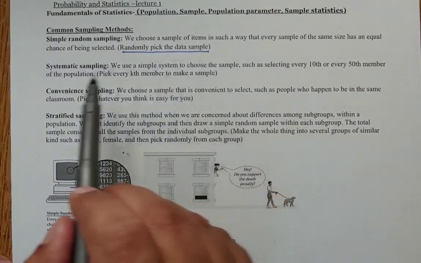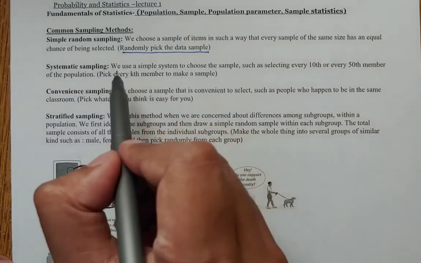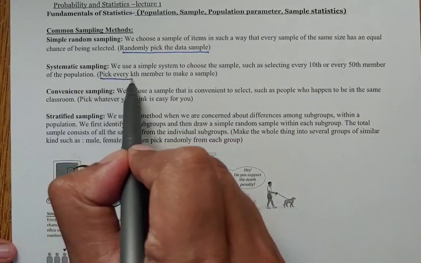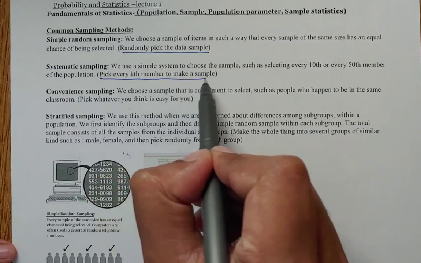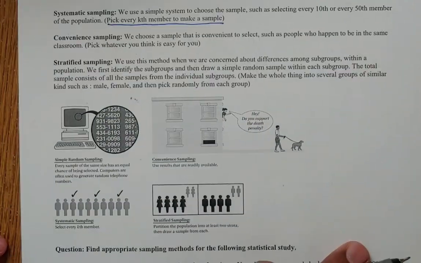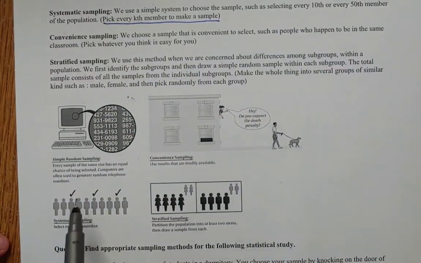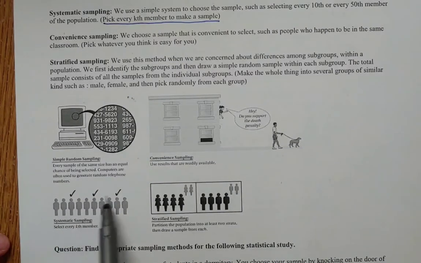That is called systematic sampling. So we pick every kth number to make a sample. Like here, they choose every third.